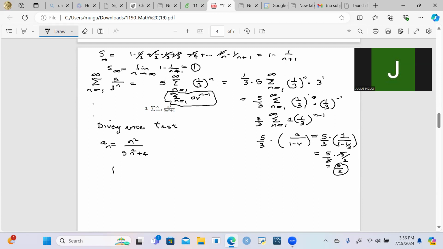Then you find the limit as n approaches infinity of n squared divided by 5n squared plus 4. And we only get concerned with the leading terms of these polynomials. So n squared over 5n squared. n squared we cancel to get 1/5. And since this one is not equal to 0, this one diverges.